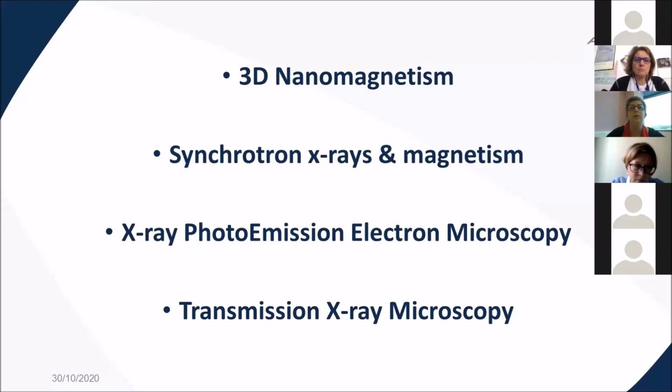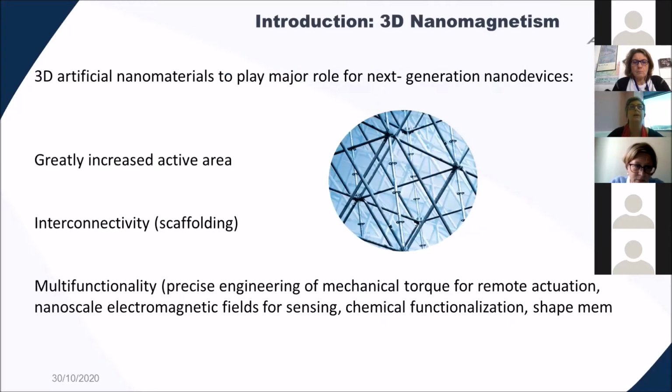And then I will go on to the 2 full-field X-ray imaging microscopes in operation at ALBA, where one can look at small 3-dimensional magnets with soft X-rays: a PEEM, a photoemission electron microscope, and a transmission X-ray microscope.